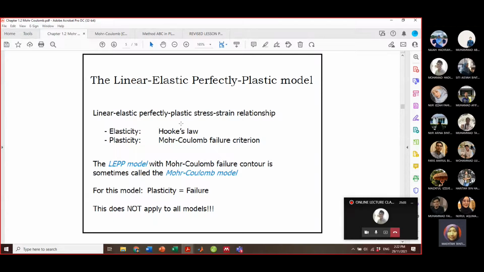The plasticity region indicates the Mohr-Coulomb failure criterion.